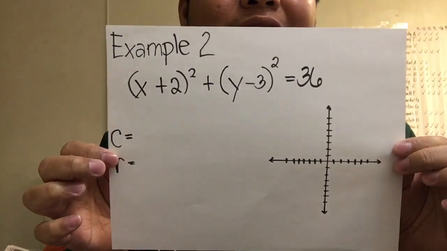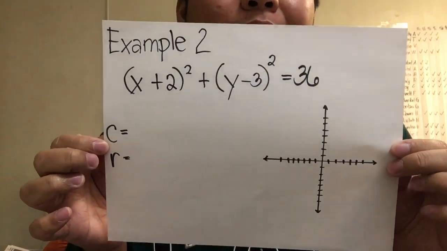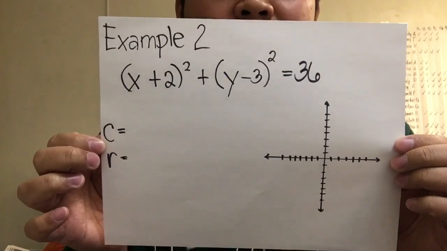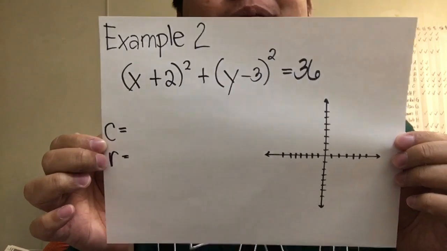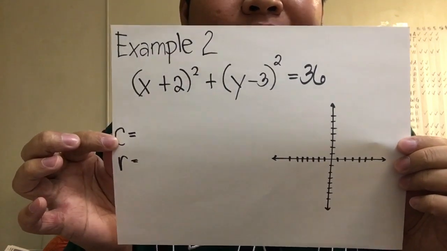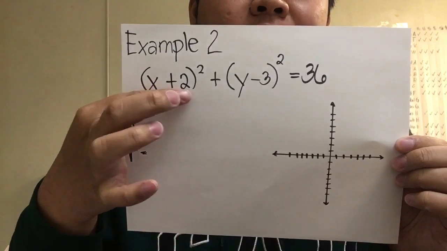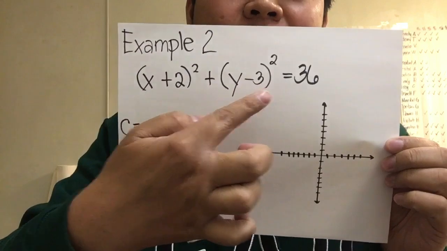Okay, now we're down to our last example. So what is the center of this equation? You can use my technique, or you could do the traditional algebra way of solving. Let's just use my technique for now. So our center would be the opposite of positive 2, which is -2, and the opposite of -3 would be +3.